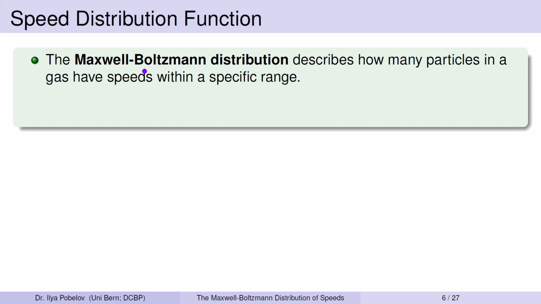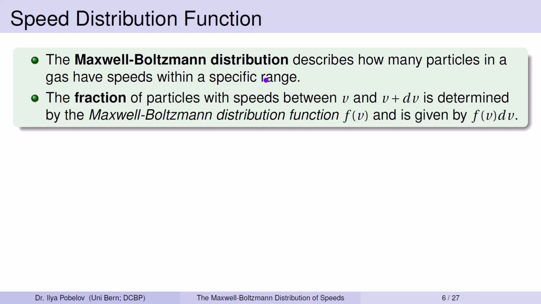The Maxwell-Boltzmann distribution describes how many particles in a gas have speeds within a specific range. Formally, the fraction of particles with speeds between v and v plus dv is determined by the Maxwell-Boltzmann distribution function f(v) and is given by f(v) dv.